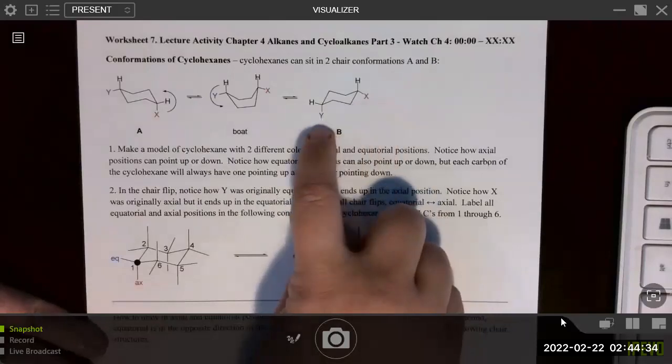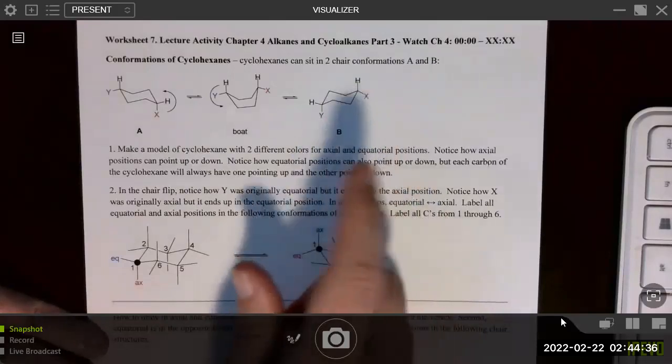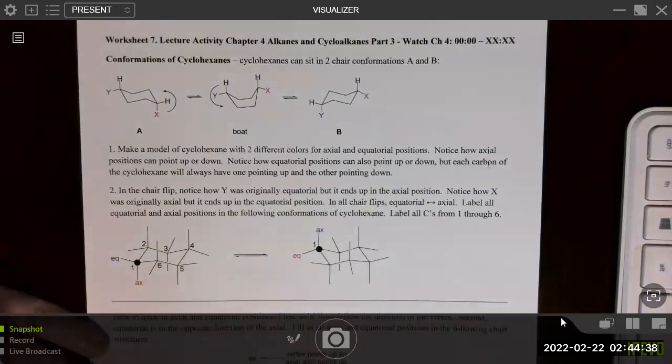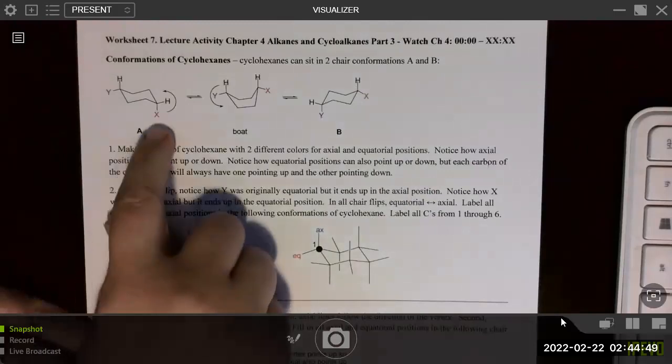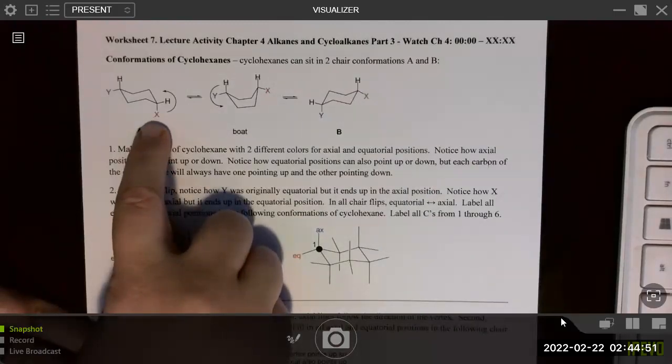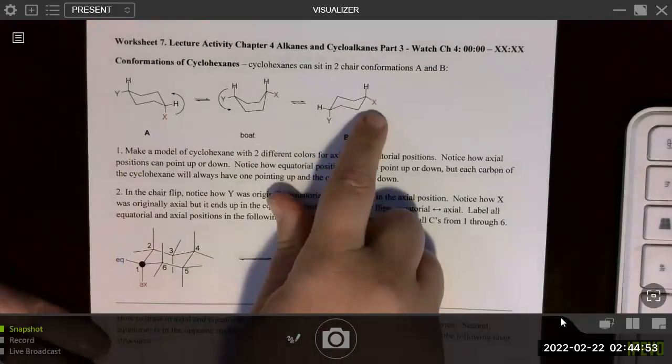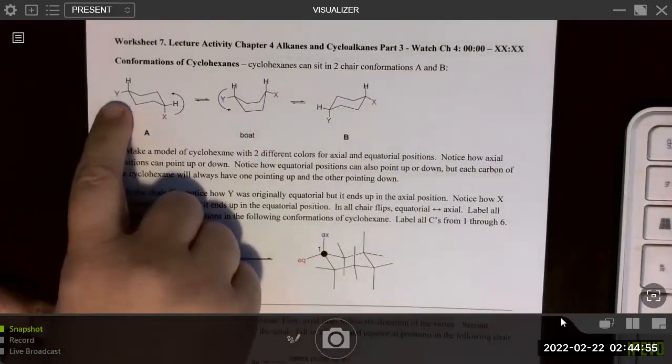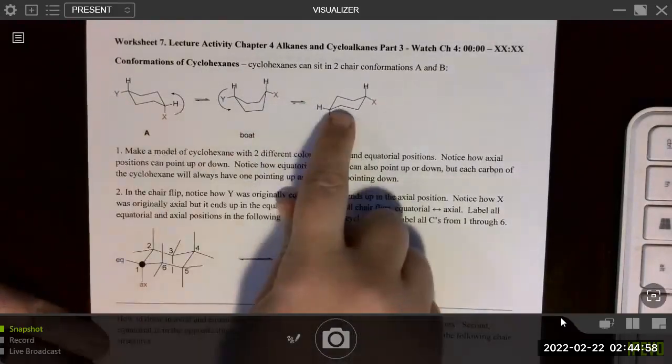So if they start in a down position, they'll always be in a down position, regardless of which chair conformation they're in. However, they do flip between axial and equatorial in those two chair conformations. So again, this X went from down in axial to down in equatorial, and the Y went from down in equatorial to down in axial.